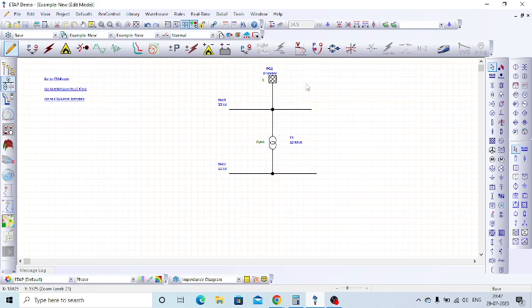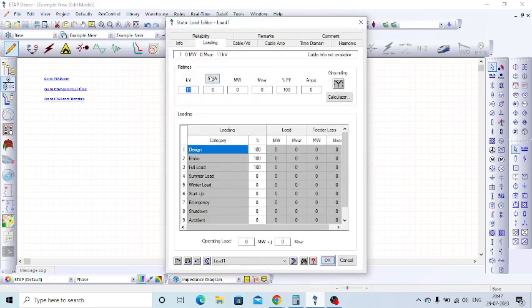So now we have two buses, the swing bus and the load bus. For the time being, I just connected a static load of 4 MVA at 100 percent power factor.